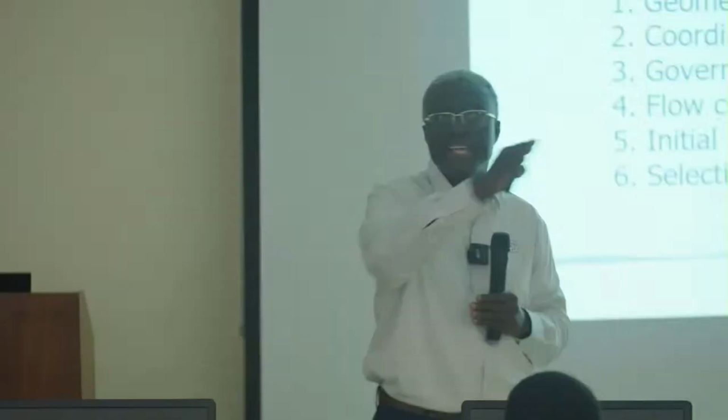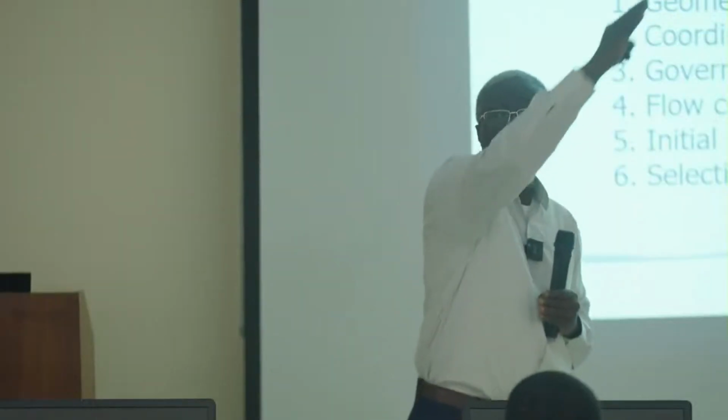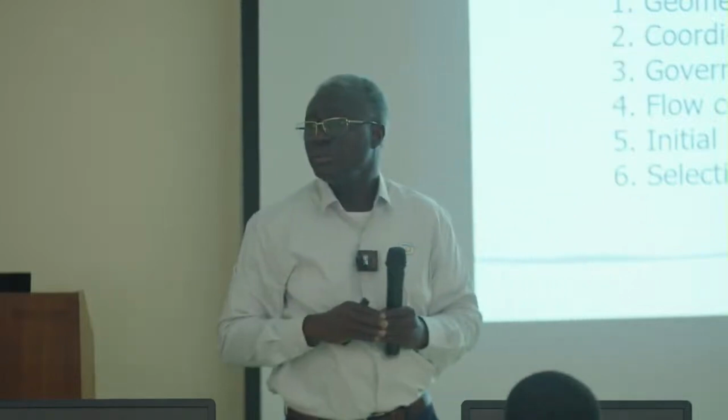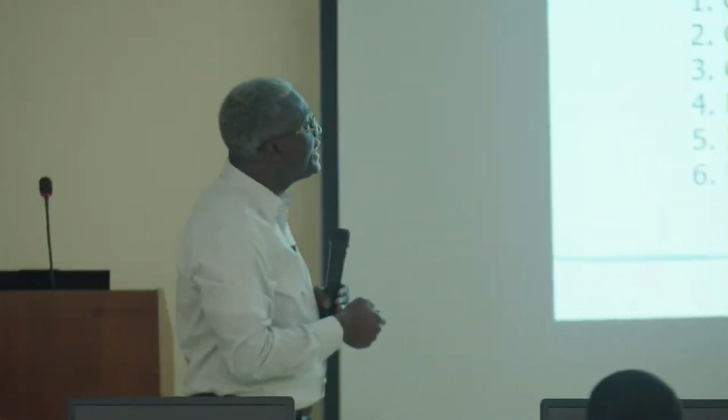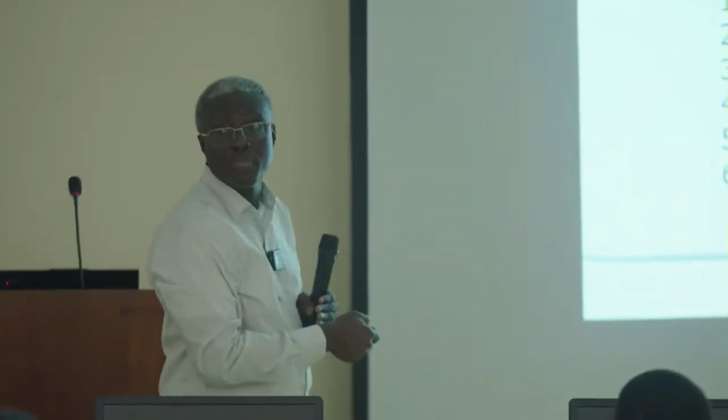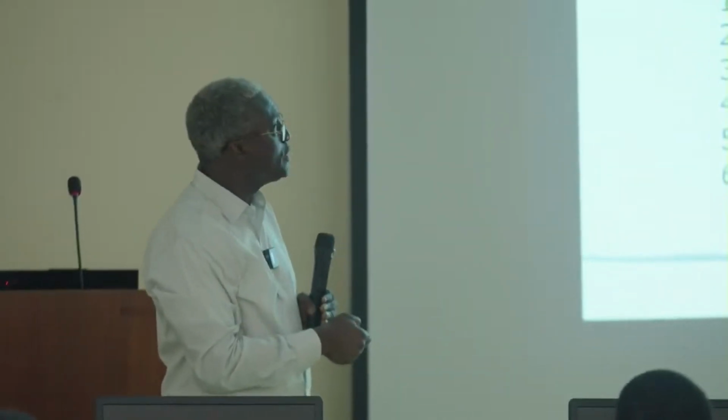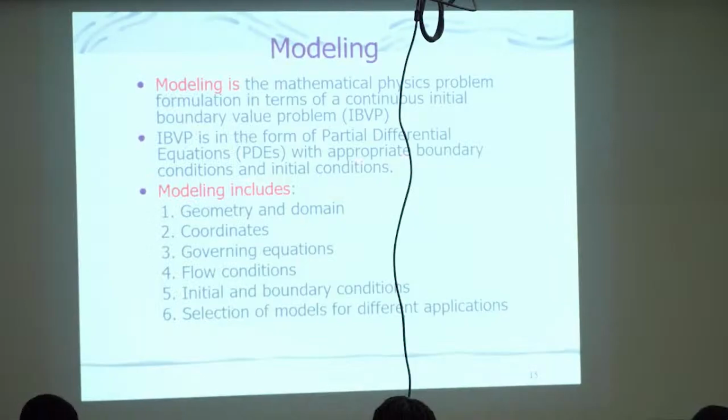How long does it take for the temperature of this room to reach a comfortable temperature for the inhabitants? Okay, so that is what we mean by initial value problem. What is the initial state of your system, and what are the boundary conditions that impact the solution of the differential equation?